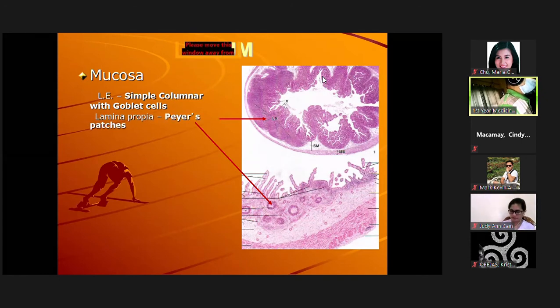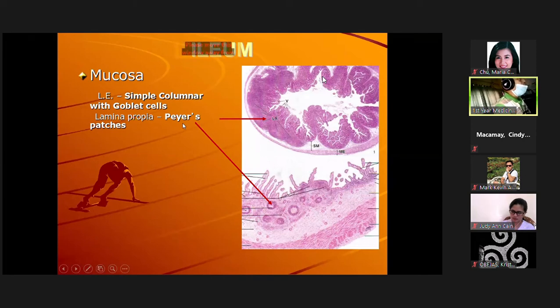The lamina propria. In the lamina propria in ileum, you have your lymph nodes, but in the particular ileum, the lymph nodes have a name. You do not answer simple lymph node, that's a general name. You call it Peyer's patches.